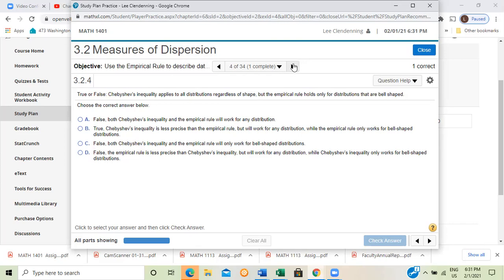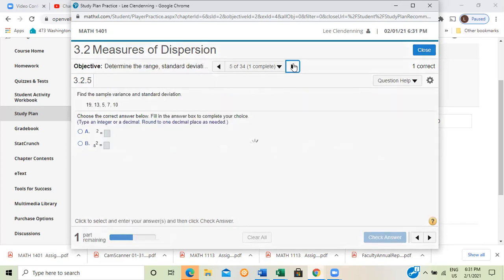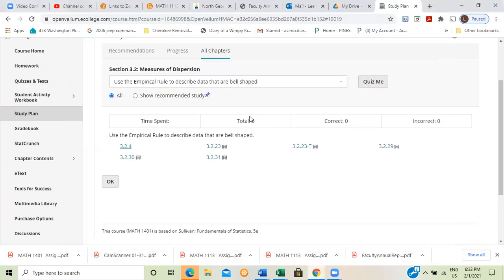Let's try the next one. Let's try one with a little math in it. Sample variance of standard deviation. Okay, 3.2.5. Well, they're kind of doing these in order. Let me try 3.2.23.